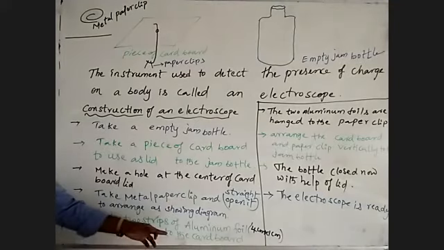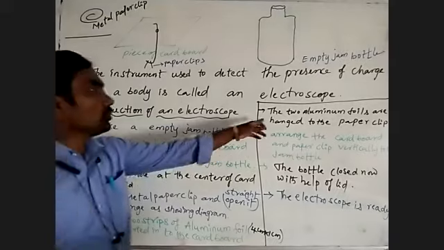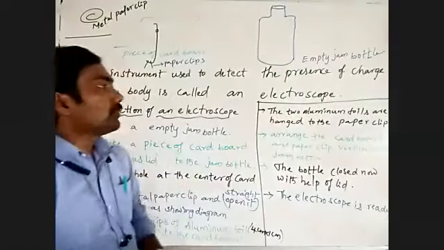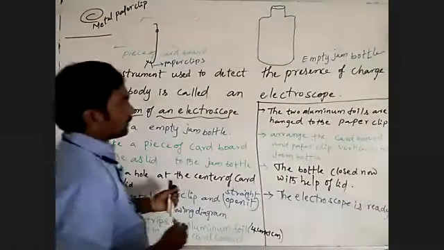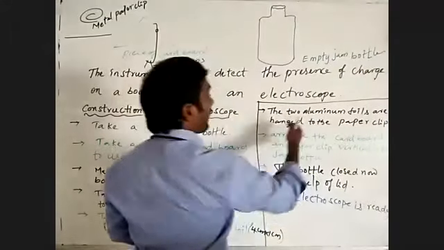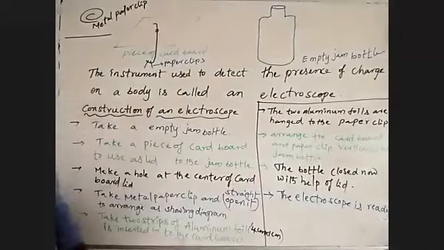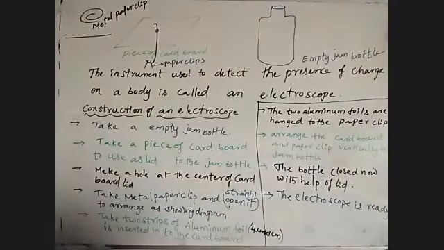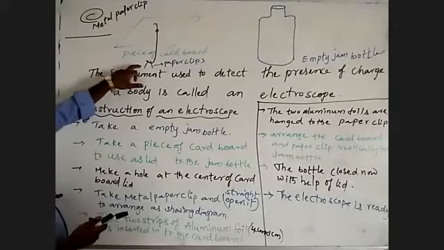The 2 aluminum foils are inserted into the cardboard. The 2 aluminum foils are hanged to the paper clip, see, this way.